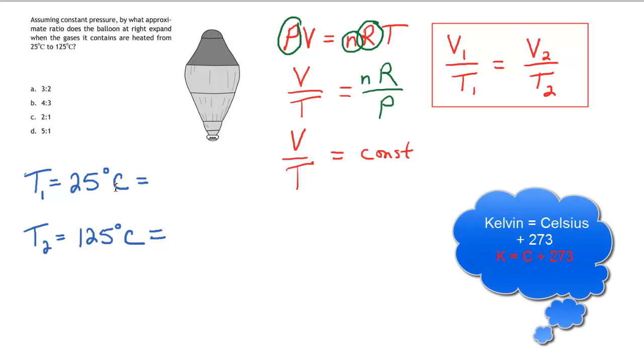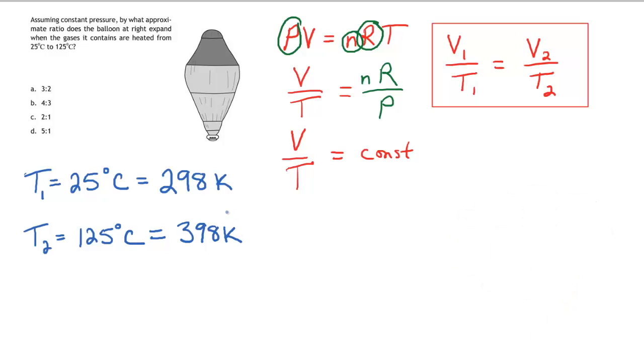So 273 plus 25 gives me my Kelvin temperature of 298. And similarly, when I add 273 to 125 degrees Celsius, I will get 398 Kelvin. So those are our two temperatures that we're going to plug into our formula.